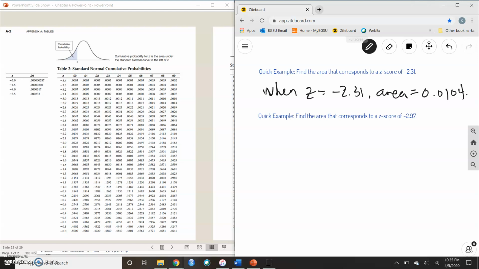So in the first row, I'm going to be looking for 0.07, and I'm going to be matching them up. Here, I have negative 2.9 and then 0.07. They intersect at this number, 0.0015. So when my z-score is equal to negative 2.97, my area is going to be equal to 0.0015.